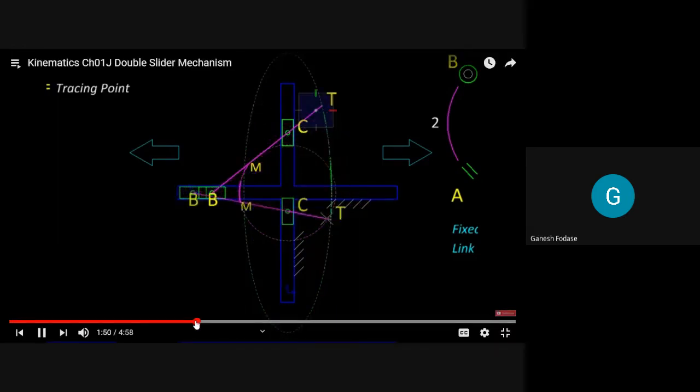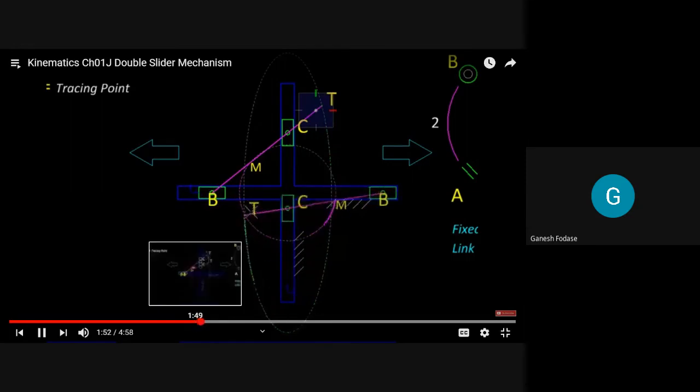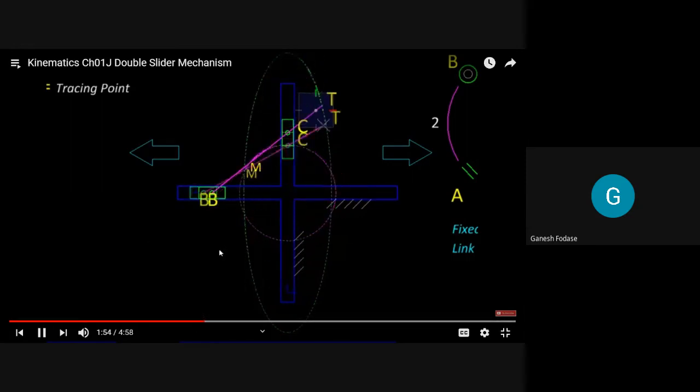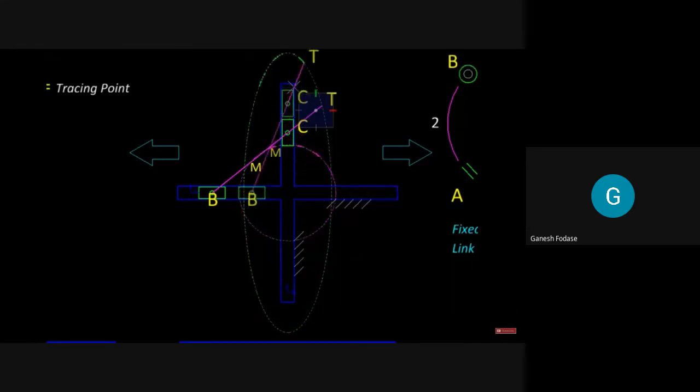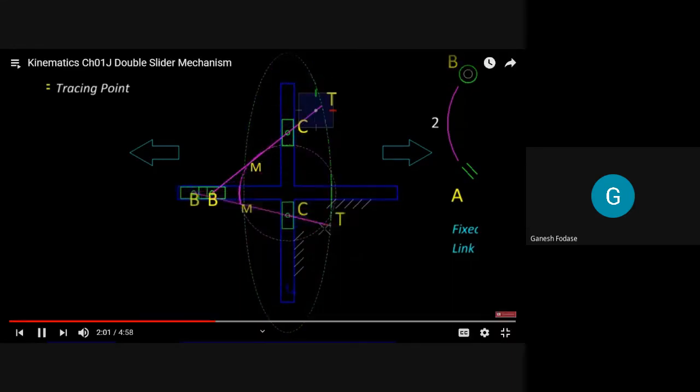I repeat, you can see again. So clear? Yes, the animation is clear?